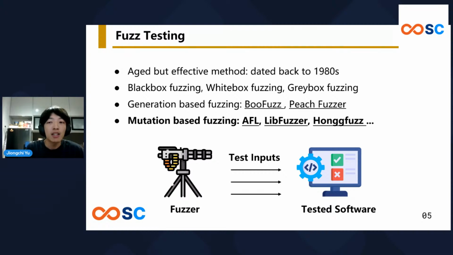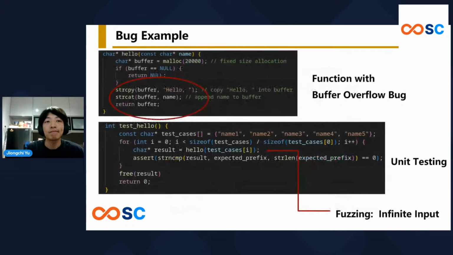Test cases are guided by the coverage information of the software to achieve better testing effectiveness, which is also recognized as coverage-guided fuzzing. Here's a very simple example showing that, compared to other testing methods, fuzzing is quite simple and easy to use to find software bugs.